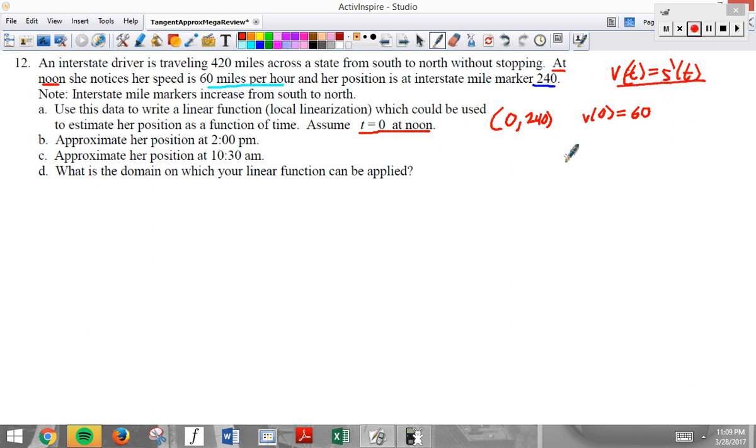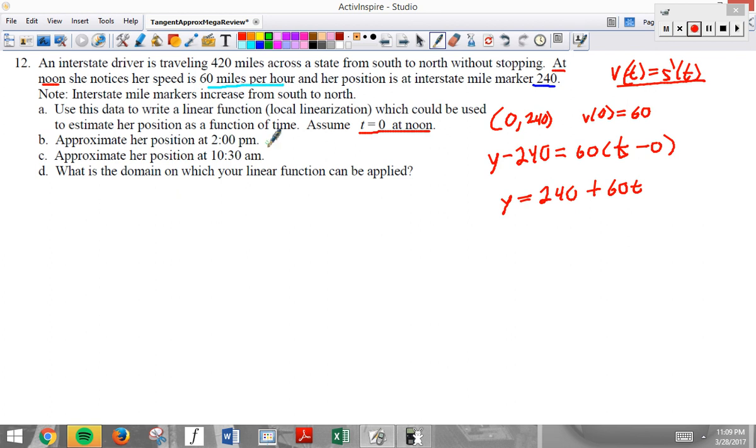So I have a linearization. Y minus 240 equals 60 times time minus 0. So y equals 240 plus 60t. Okay?